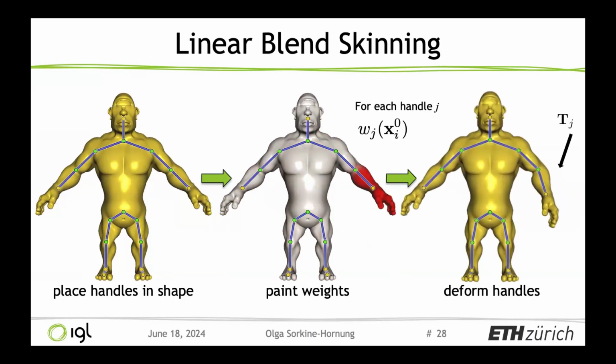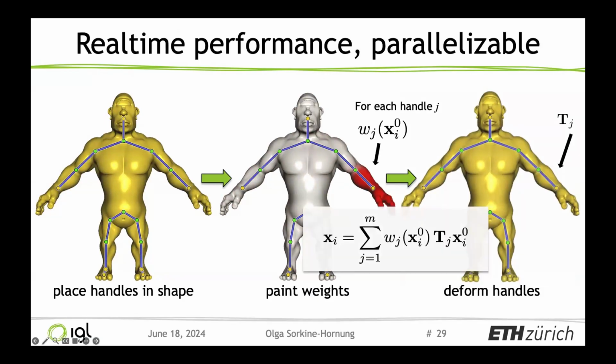And then in real time, to deform the shape, we provide transformation matrices, so rotations, translations, scaling, things like that, to each handle. And these transformations are just linearly blended over the entire surface using the skinning weights, these W's that we saw earlier.